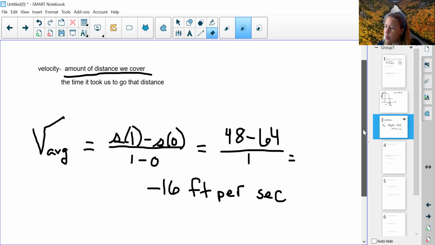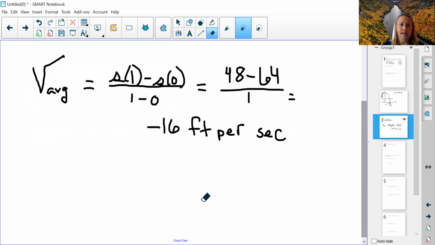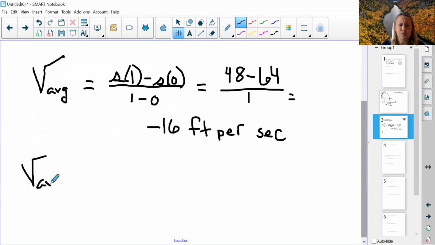Now, if I wanted to, let's see, compare this to the average velocity of the object from 1 to 2 seconds. Okay. So again, writing the formula, the average velocity from 1 to 2 seconds. And again, we can use our common sense while we also plug into the formula.